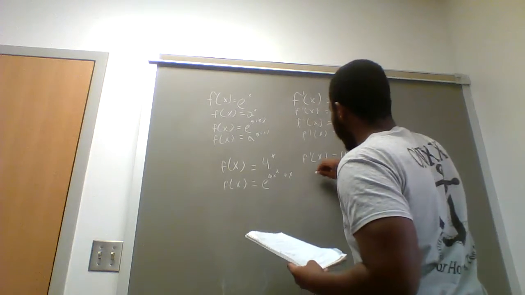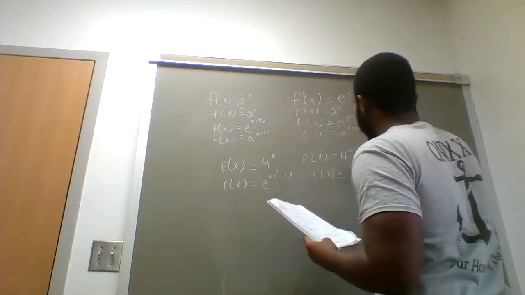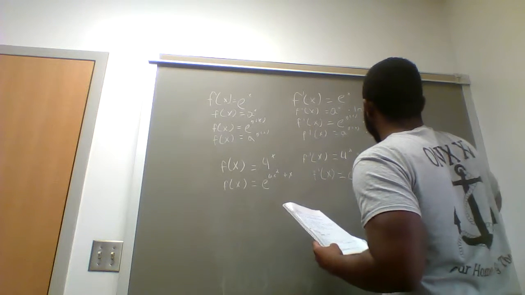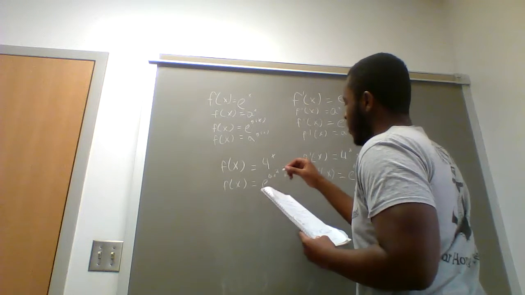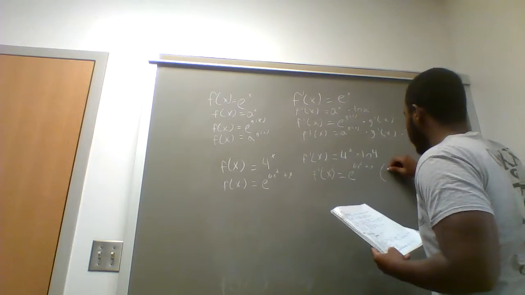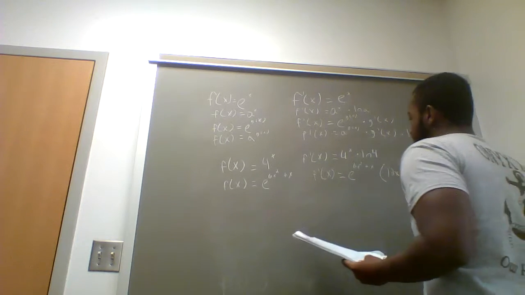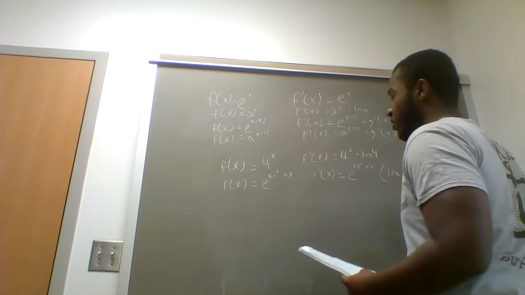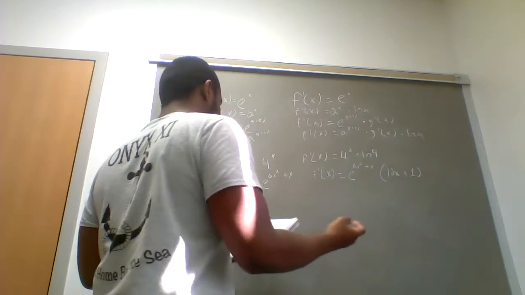So f prime of x would equal e to the 6x squared plus x multiplied by the derivative of 6x squared plus x, which will be 12x plus 1. And there you have your answer. You can put this in front of the e if you want, but it's not required. But this is basically what your answer is.